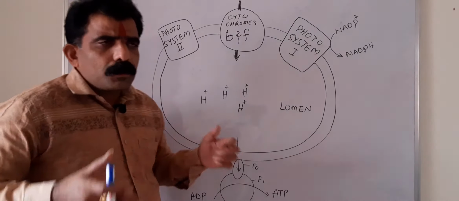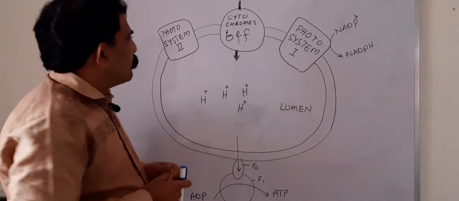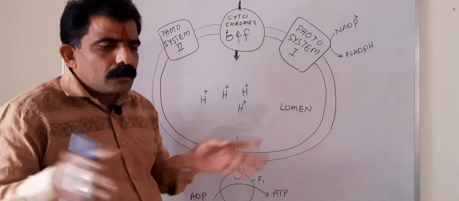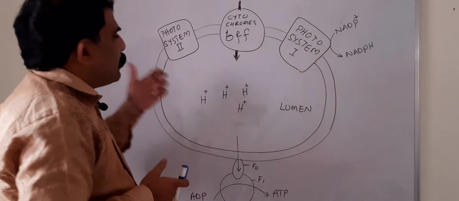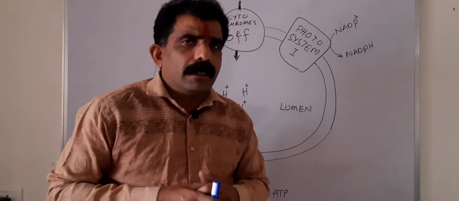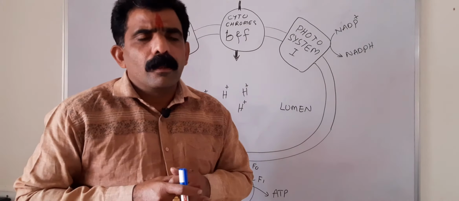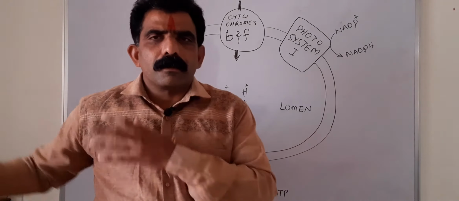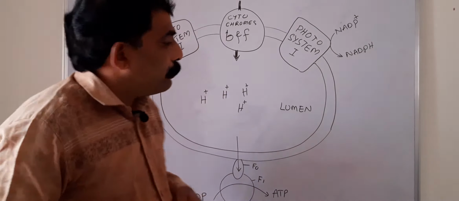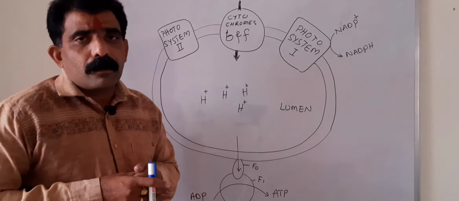Photosystem 2 consists of the P680 reaction center. From that, electrons are removed on absorption of light. The P680 gets excited, loses electrons, and gets oxidized. Those electrons are transported through various intermediate electron carriers finally to the P700 reaction center of PS1.